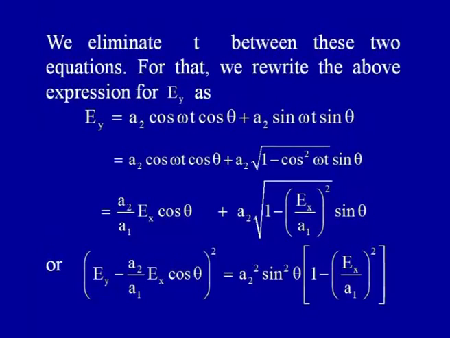or this means Ey minus A2 upon A1 Ex cos theta, whole squared, is equal to A2 squared sin square theta times 1 minus (Ex upon A1) squared.